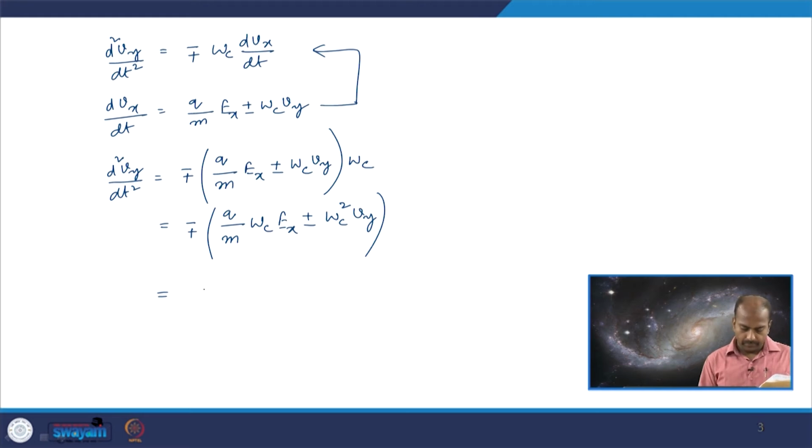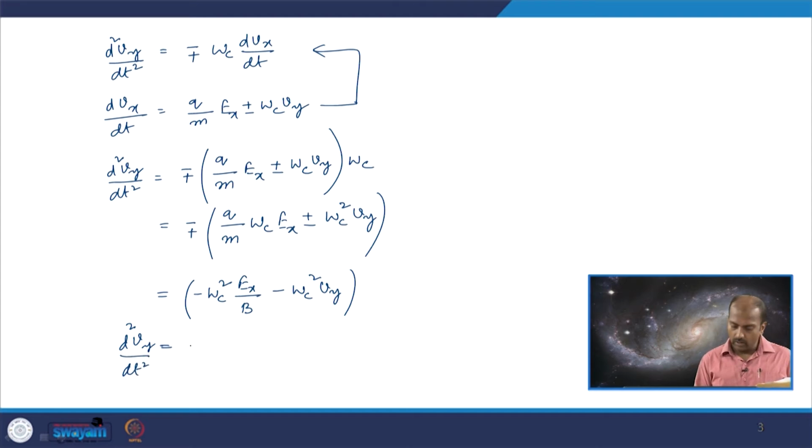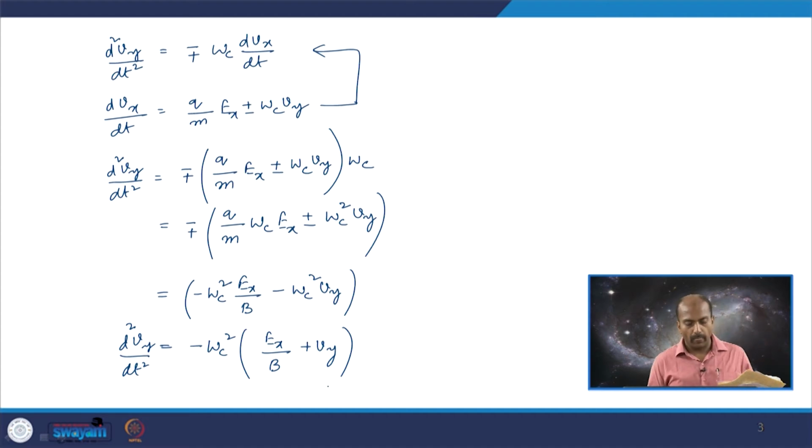Taking the... we will write omega c square Ex by B minus omega c square Vy, or simply, which will be finally written as d square Vy by dt square is minus omega c square times Ex by B plus Vy.